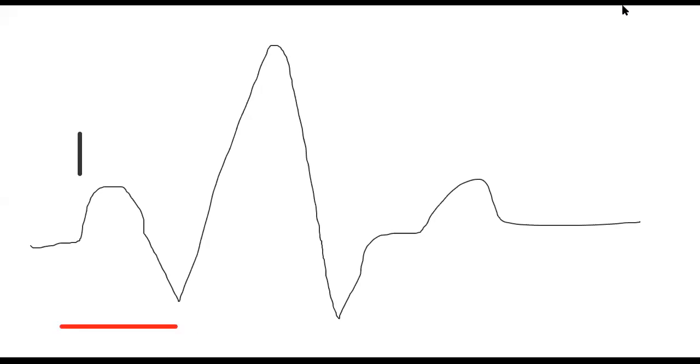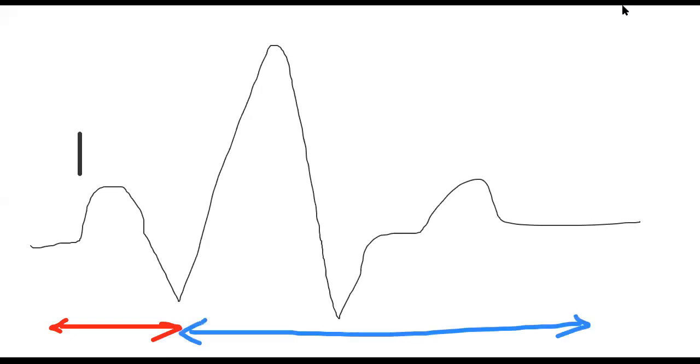Next, what is the QT interval? We'll use another color. This is the QT interval. Okay, PR interval and QT interval. Next, the PR segment: here it is, the PR segment. And here is the ST segment.